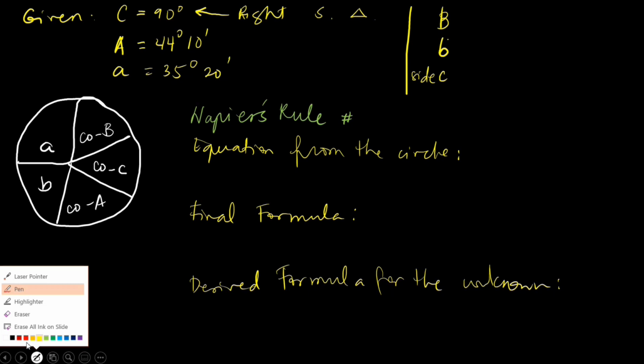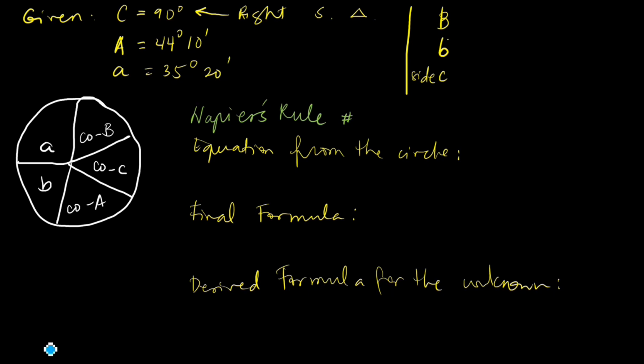So with the Napier's rule, before we can determine which rule to use, let us take a look at the two given parts here other than the angle C, because remember, angle C is not in the circle. So we're gonna make use of the two other given parts. We do have the big A and also the small a.